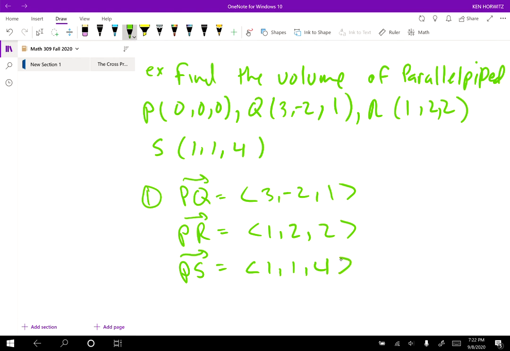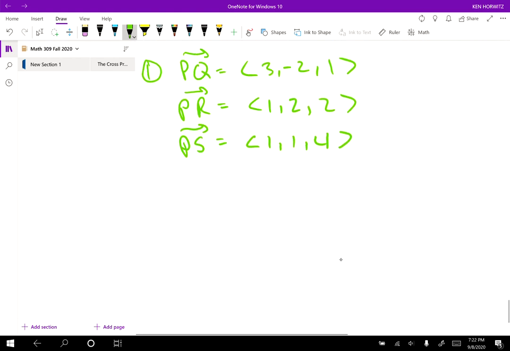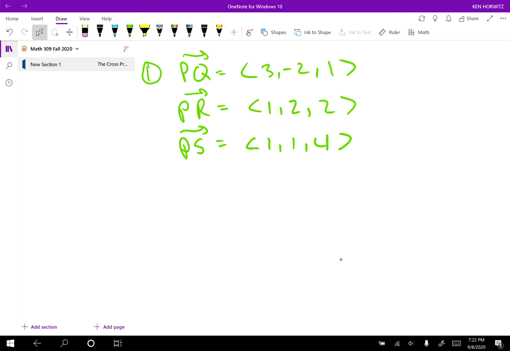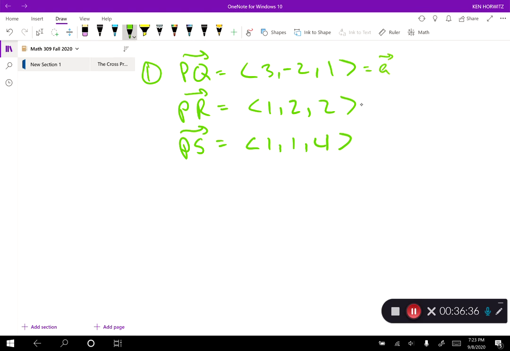If you do not get any of those vectors, again, double check your work. All right, so this in the formula would be, let's say, vector A. This would be vector B. This would be vector C.